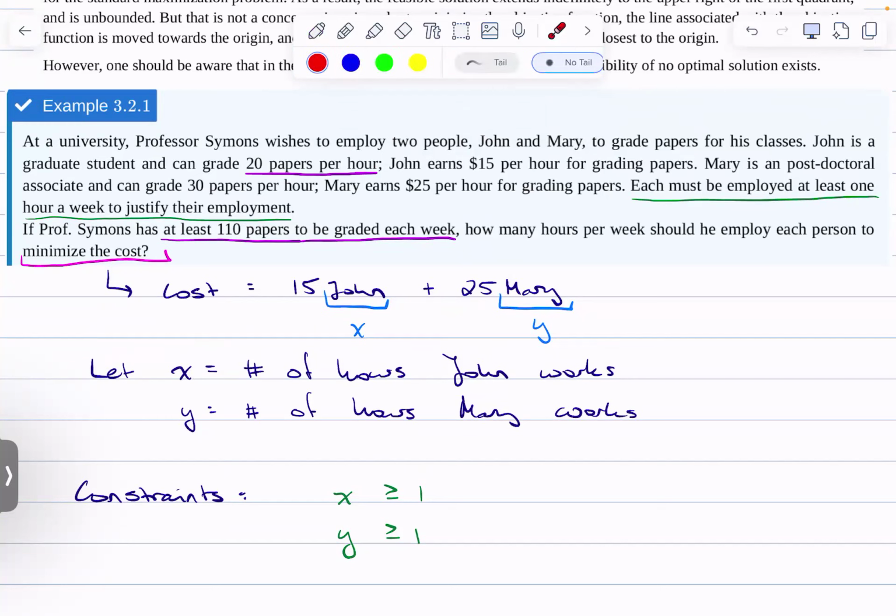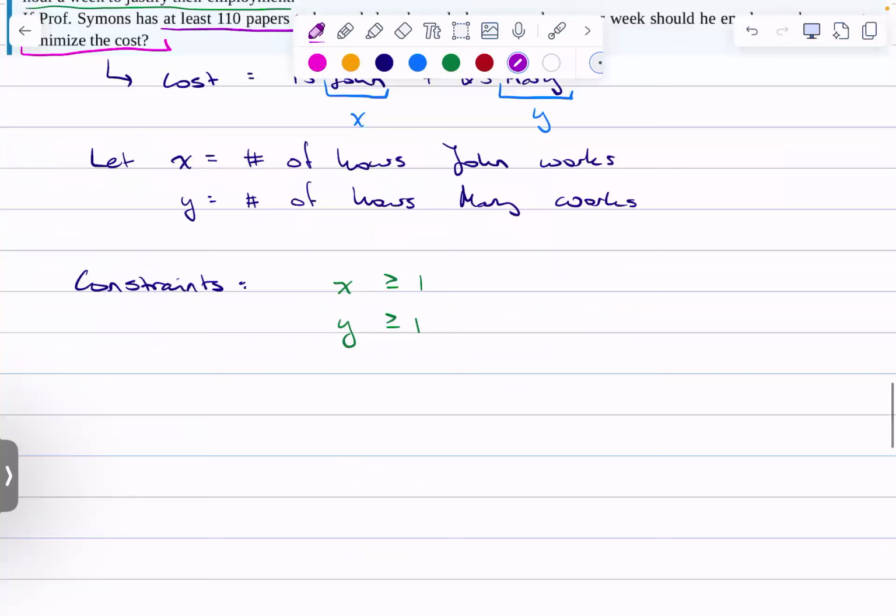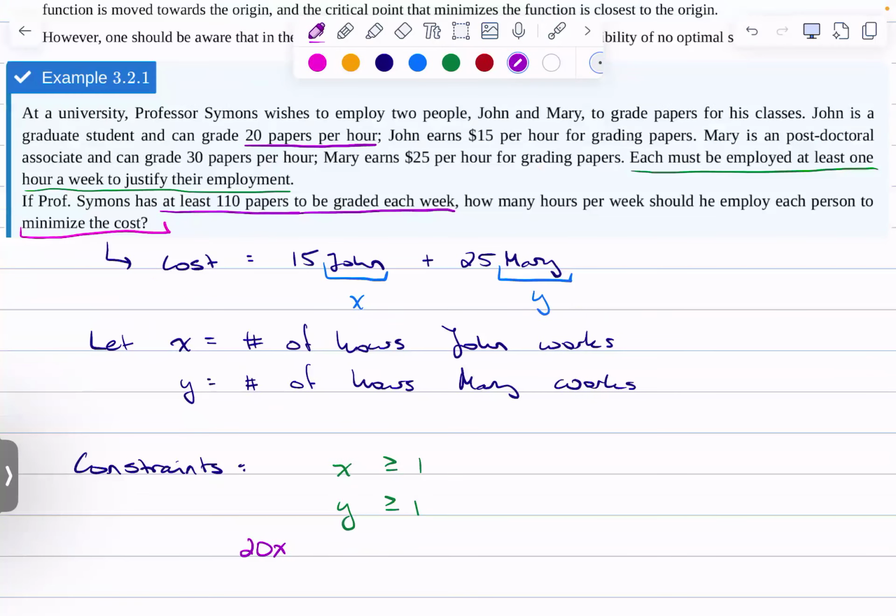So the total number that he can mark in a week would be 20 times X. But we're also working with Mary, who's a fast marker.